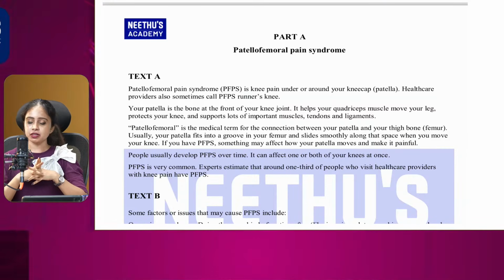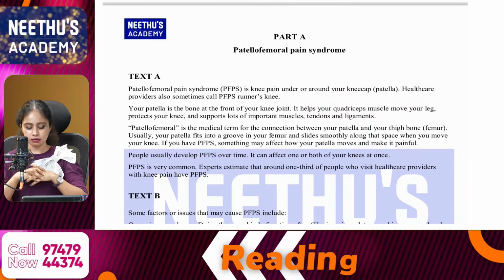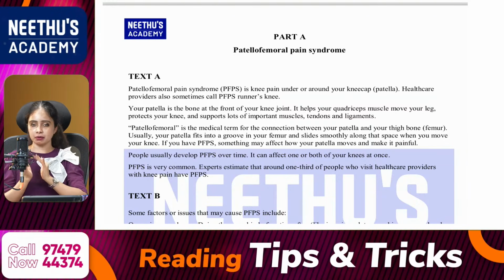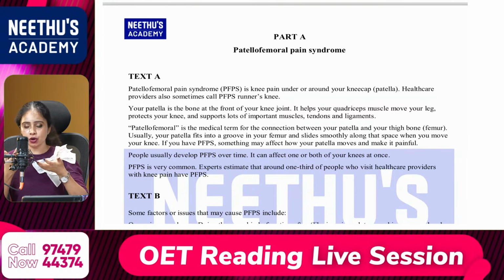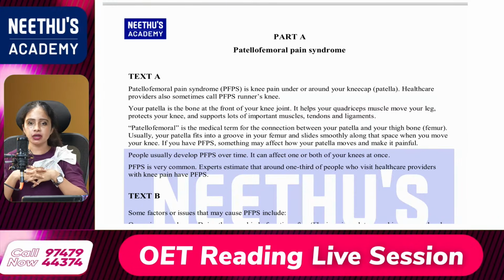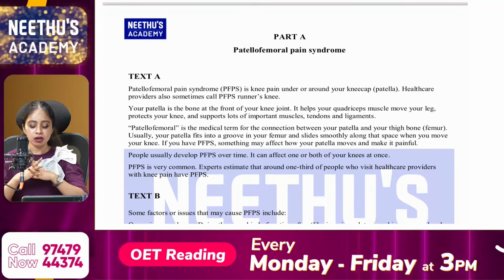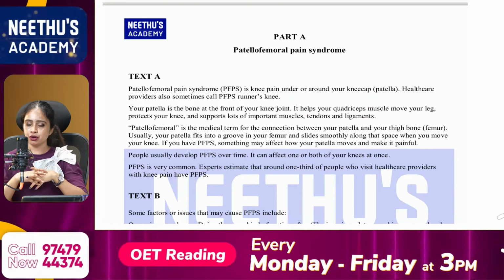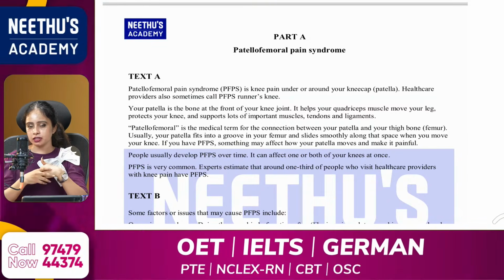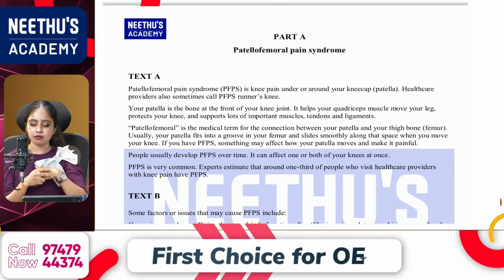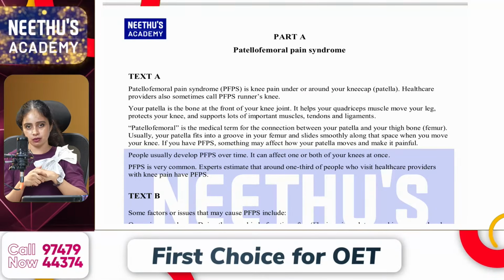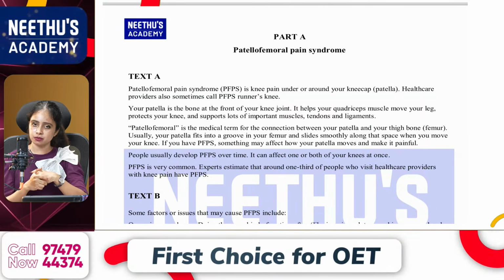If you know the language, you can read whatever you want. But still, in this particular module, while you skim through the text or fast read the text, you have to mark certain keywords. So what are the keywords?